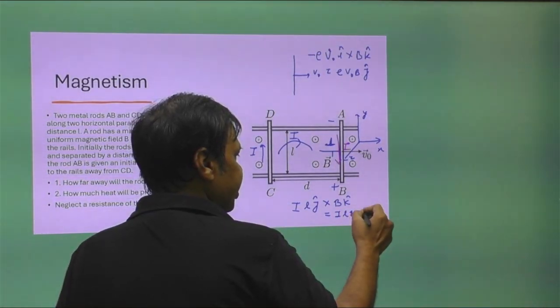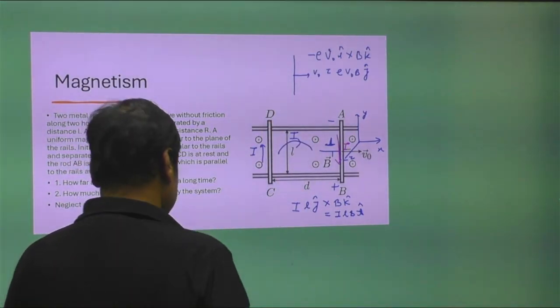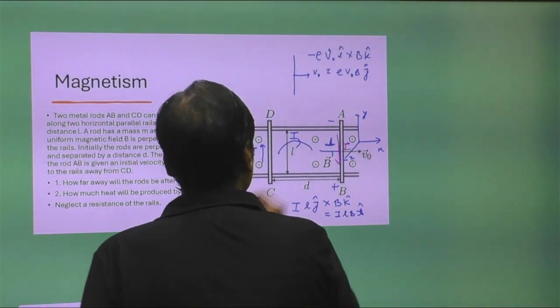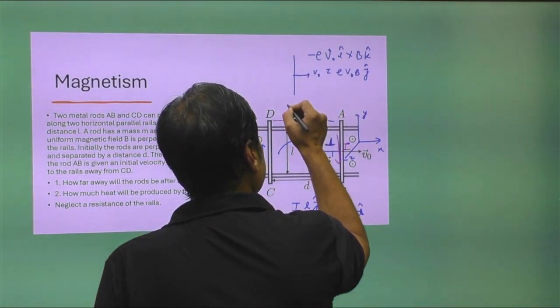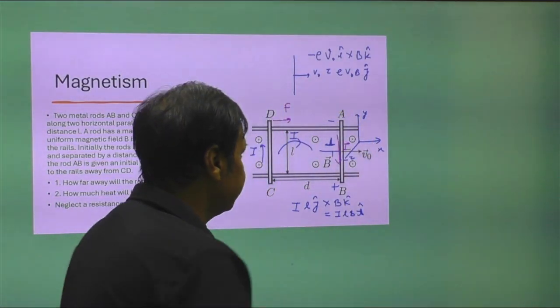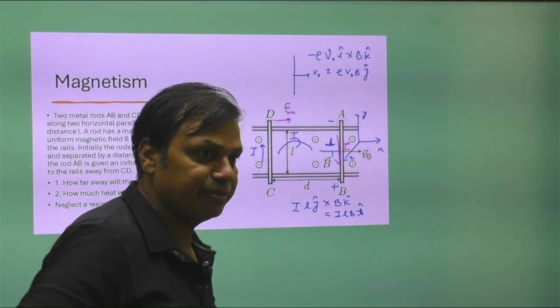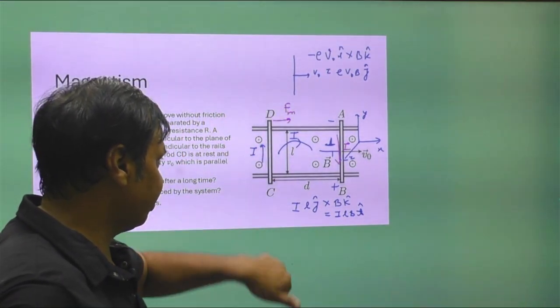J cross K is I in this direction. So a force, magnetic force Fm, will start acting on this CD.